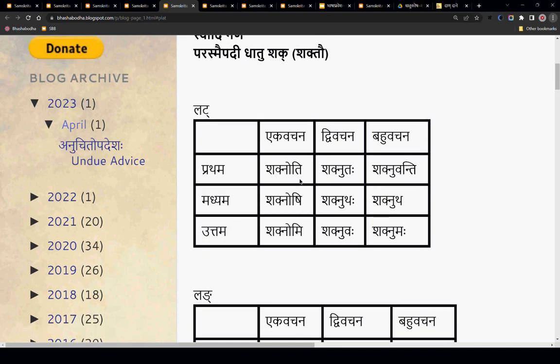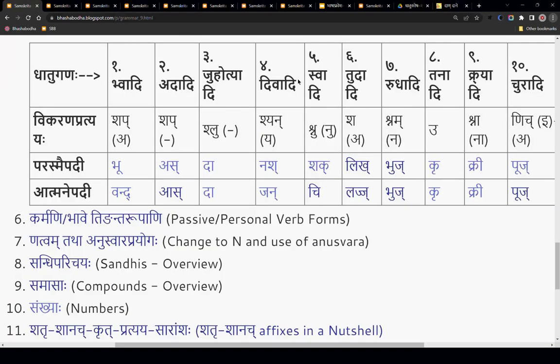After the dhatu, before the ending, there is an in-between letter coming. So the in-between letter determines the gana, and the ending letter determines the pada. That's how the patterns are determined, and based on that the dhatus are categorized into these ganas and padas.